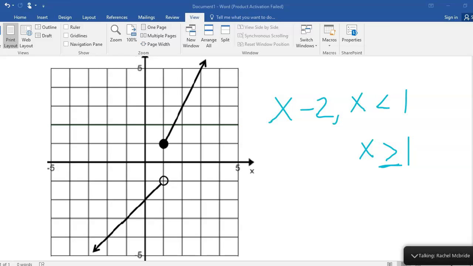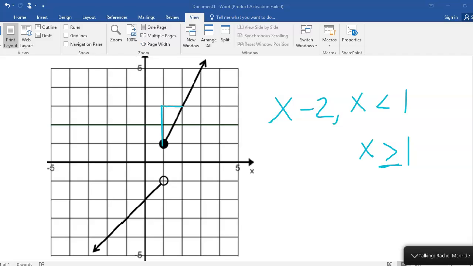Now, x values greater than or equal to 1 is a little bit trickier because it doesn't go through the y-axis. So you got to first identify your slope. So from this point here to the next nice point, how many am I going up and over? Perfect.